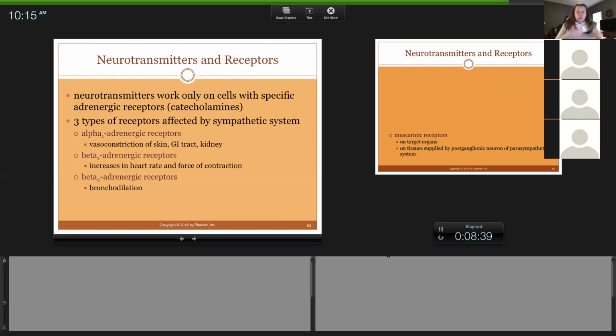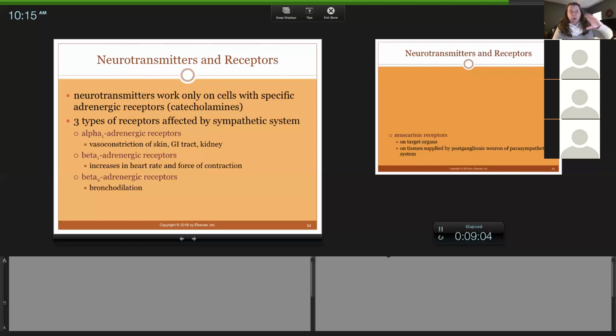So what happens during stress is these catecholamines, which are basically these neurotransmitters of stress or fight and flight, are released and they bind to the alpha-1 receptors. Well, the alpha-1 receptors are some in the GI tract, the kidney, but they typically cause vasoconstriction.